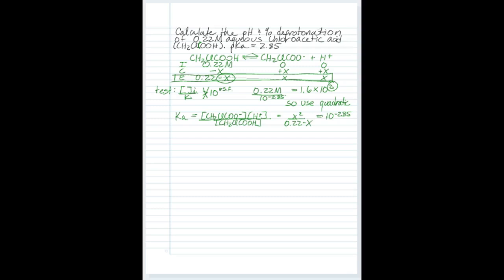rearrange this. I'm not going to do all of the algebra here in this notebook, but basically what I want to do is rearrange this to isolate x. And in this case, what that comes out to be is a quadratic equation, which is x squared plus 1.4 times 10 to the negative third x minus 3.1 times 10 to the negative fourth.